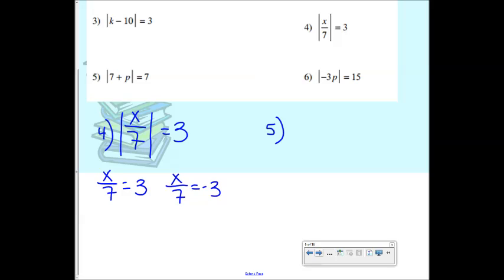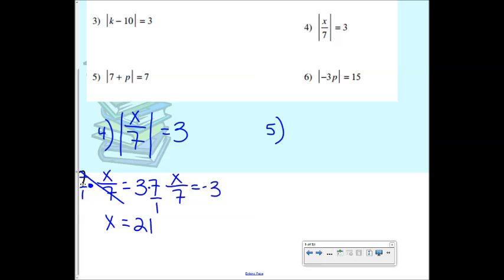And then to isolate x, this means what? This is a fraction, and every fraction is just a division problem. So to isolate x, I'm going to multiply by 7 over 1, and then I do that on this side as well. I end up crossing out my 7's on that side, so I have x by itself, and then on the right side, I have 21.